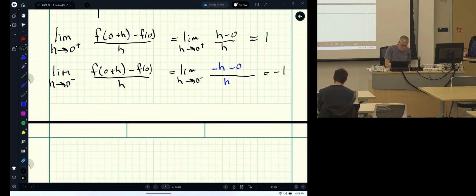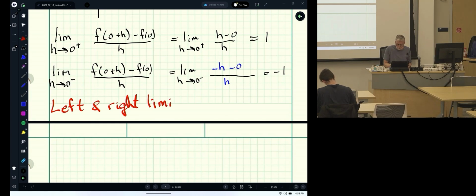Okay, so left and right limits both exist. That's great, but they don't agree.